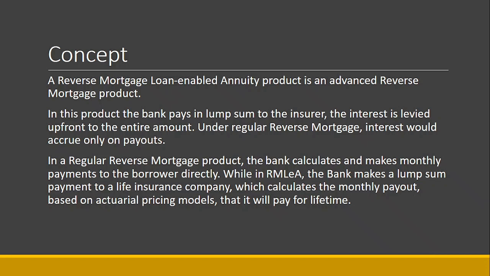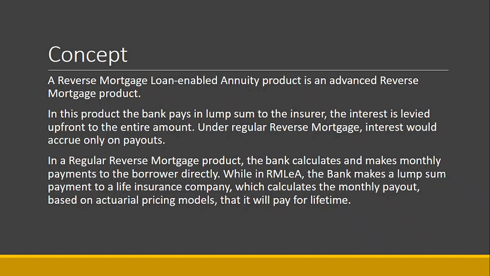In a regular reverse mortgage product, you get money regularly in periodic installments, not in lump sum. Lump sum is only given when you have a medical emergency, but under this particular scheme you're getting your interest levied on the total amount. This is a negative of it, but the point is that because you have taken everything in lump sum on the upfront date, on the first installment itself, the bank has nothing to keep with them, so they have to charge it from day one.